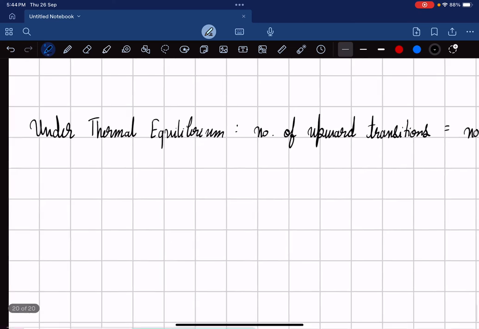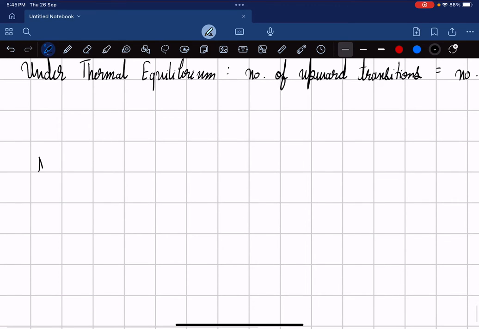This implies that N1 S mu B12 is equal to N2 A21 plus N2 S mu B21.